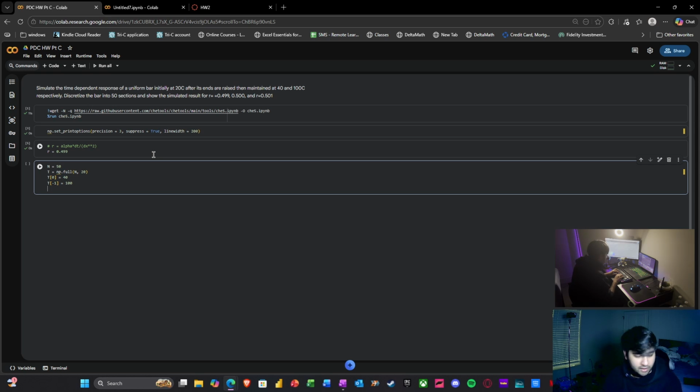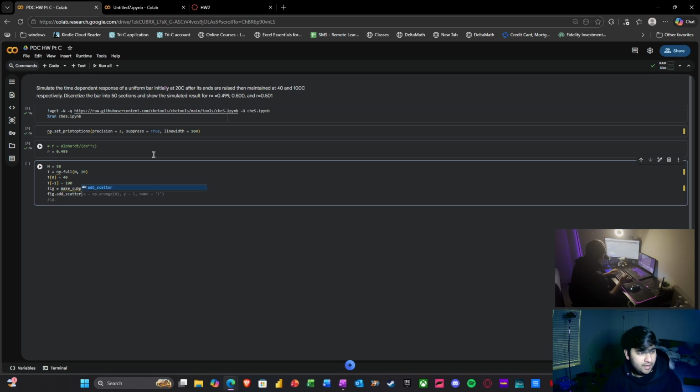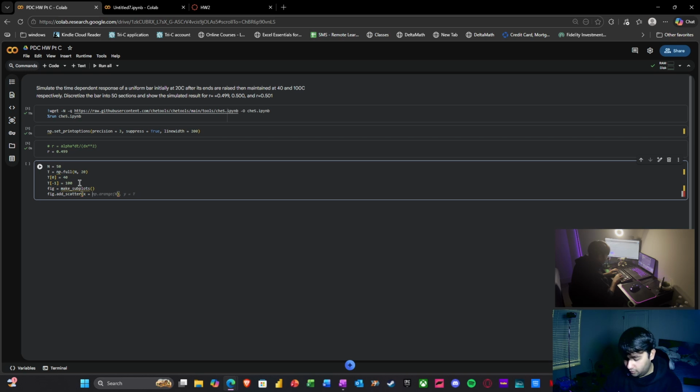And then we're going to get right into making our subplots, essentially. Subplots, and then fig.add_scatter.